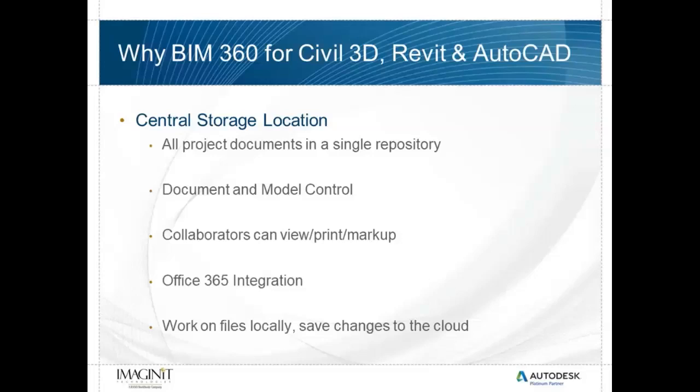So there's no need to actually download and change Word documents on your local computer. You can just do it all online within the BIM360 environment and save those changes so you don't have any file locking issues or somebody trying to update the same thing at the same time. So you work on the files locally, save the changes to the cloud, and everybody sees those changes.